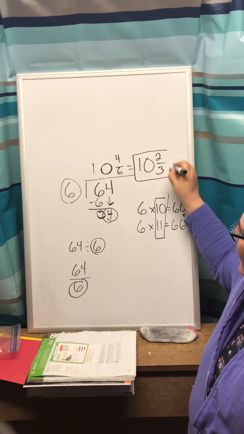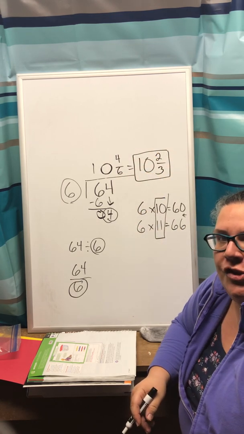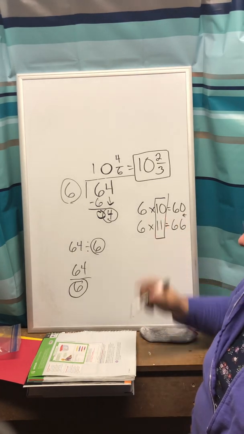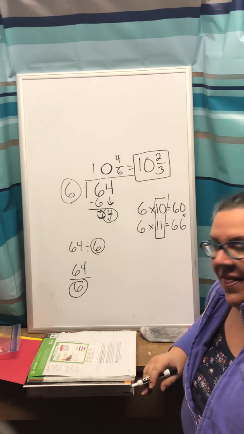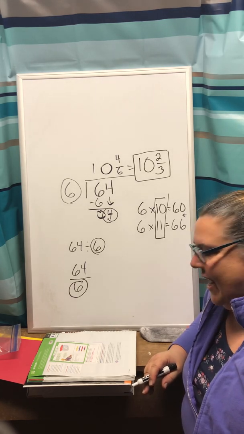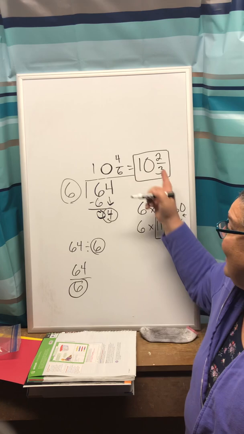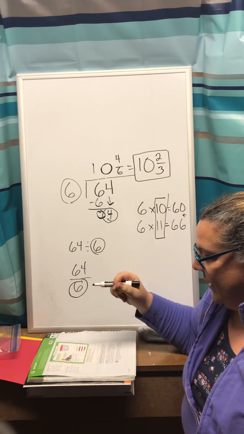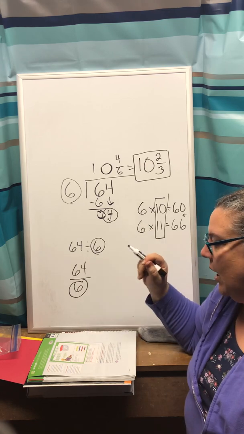So the exact answer is 10 and 2/3 ounces per friend, which again falls between 10 and 11. Okay, that was an answer, again, that they were not looking for the exact answer. They were just looking for a range or a between, but that was the correct final answer for the convince me.